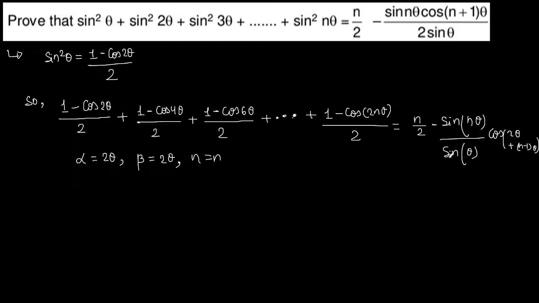So we can see that it is n by 2 minus sine n theta whole divided by sine theta into cos n plus 1 into theta.